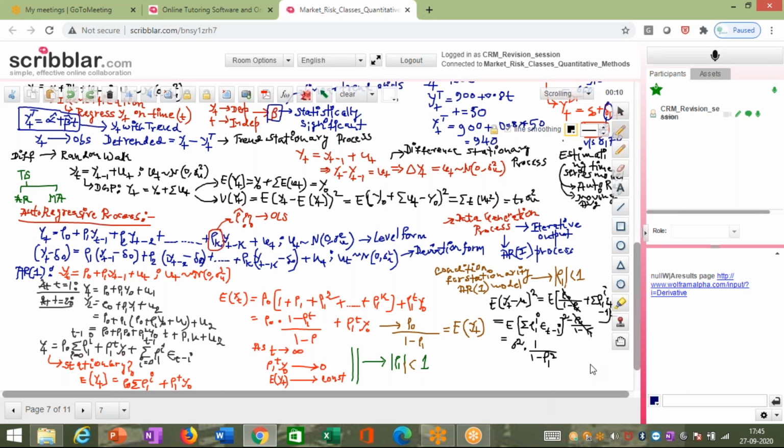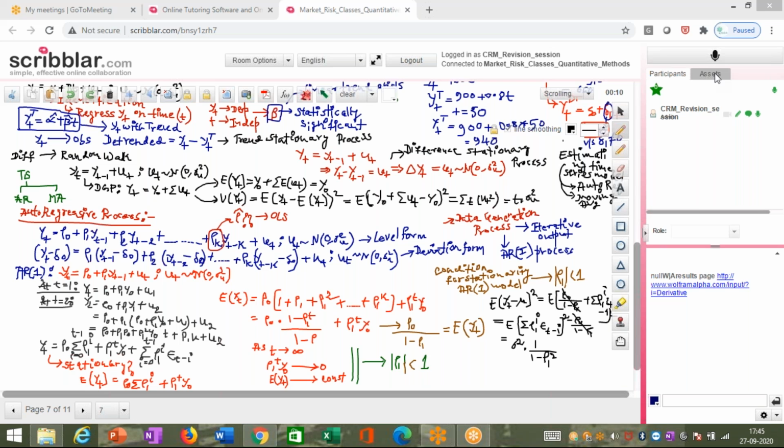So this is how we reach the conditions for stationarity of an AR1 process. Is it clear up to this point? Okay, perfect.